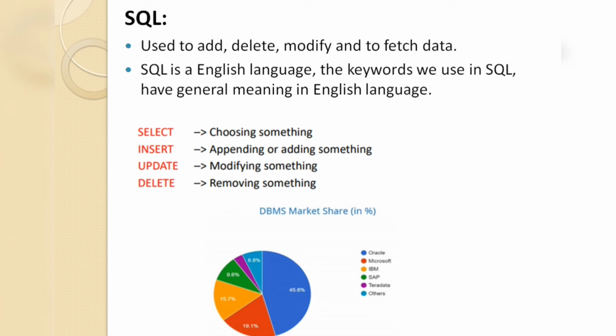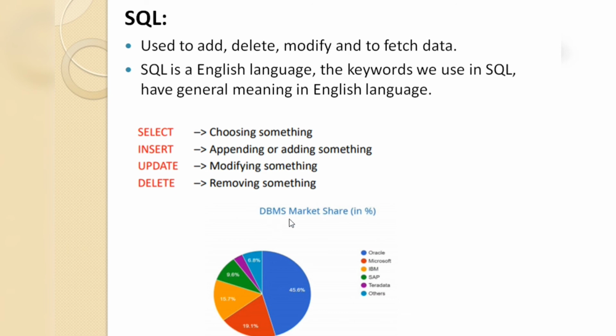If I use select, it means I'm choosing something, asking the server to show me particular information. If I write insert, it means I'm asking the server to add or append data. Then comes update, to modify or upgrade things. And then comes delete, where I want a particular entry, or a particular table, to be removed.